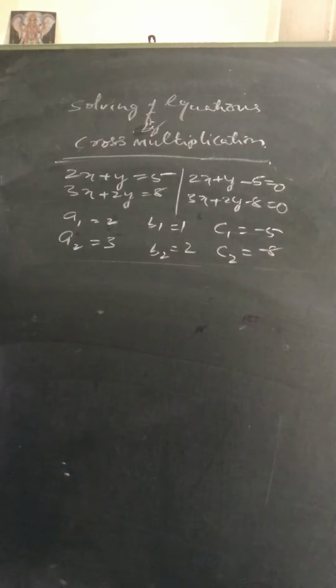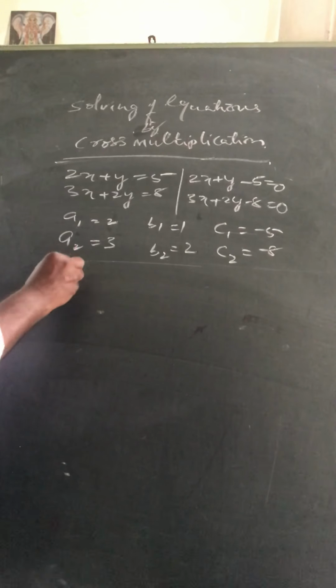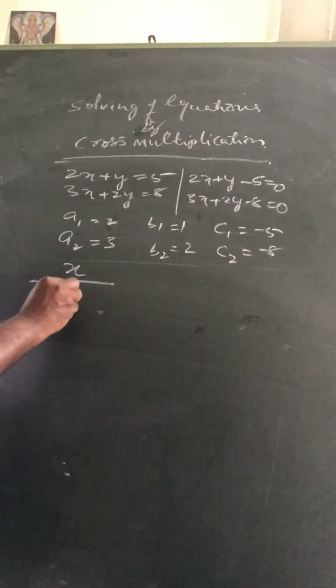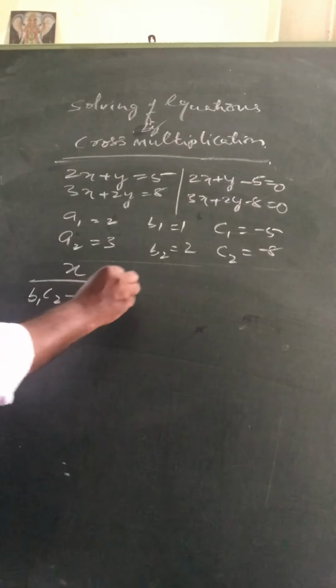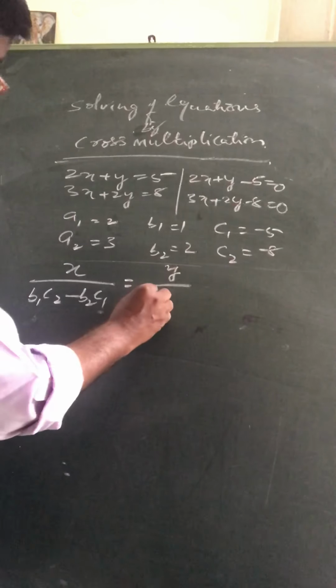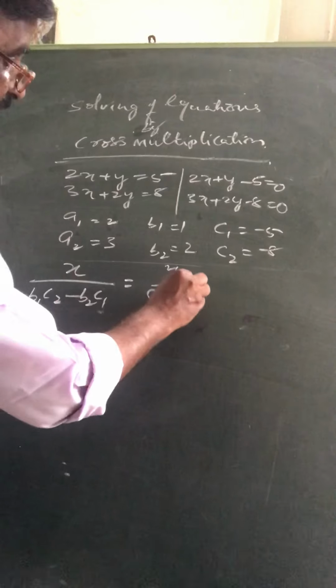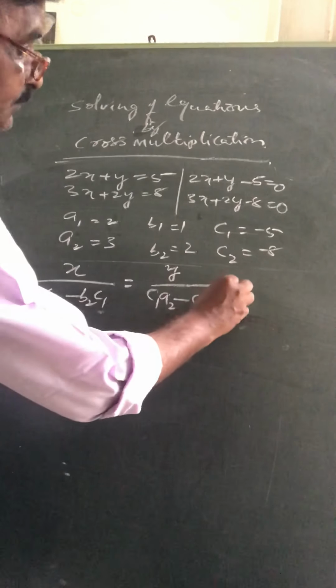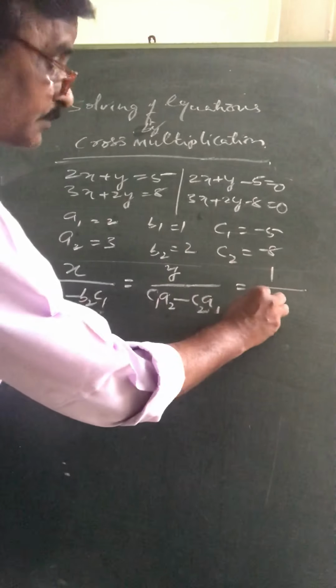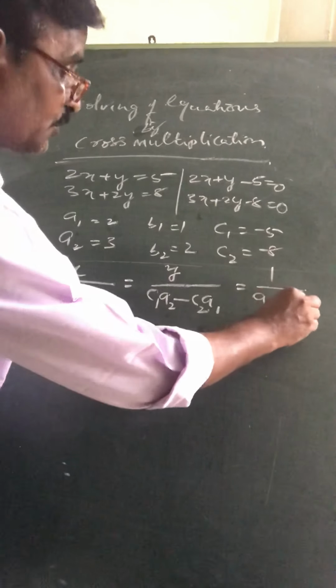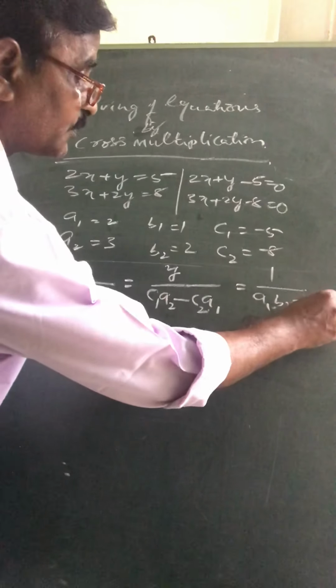Now we are coming to solve it, by writing our formula: x by b1 c2 minus b2 c1 is equal to y by c1 a2 minus c2 a1 is equal to 1 by a1 b2 minus a2 b1.